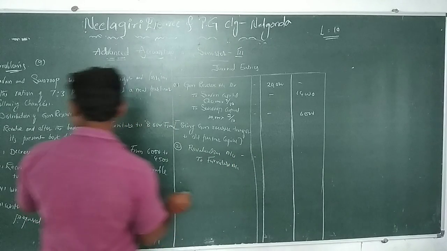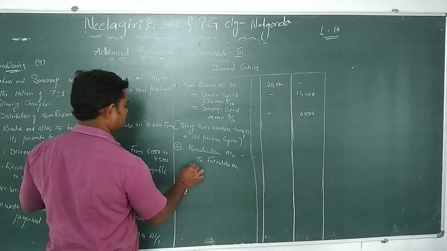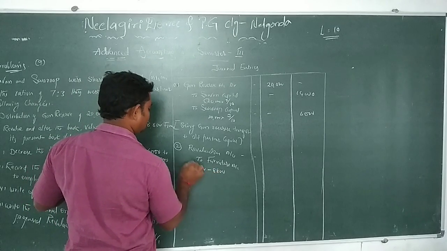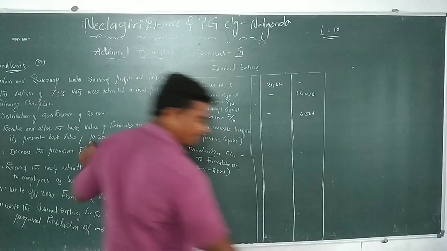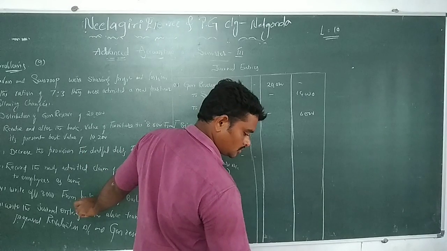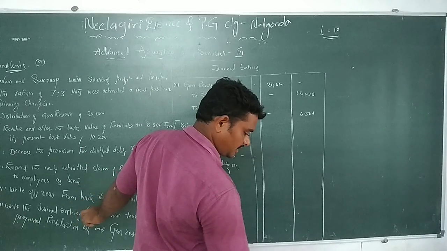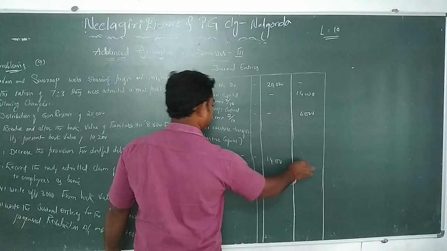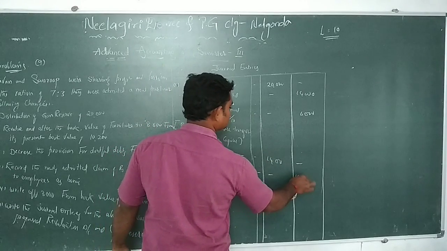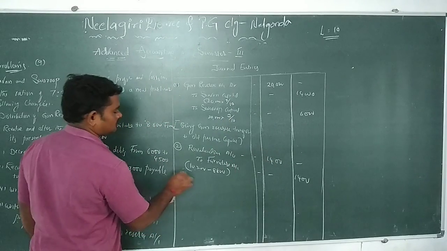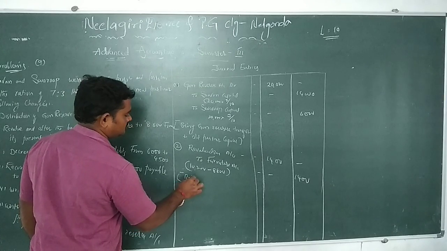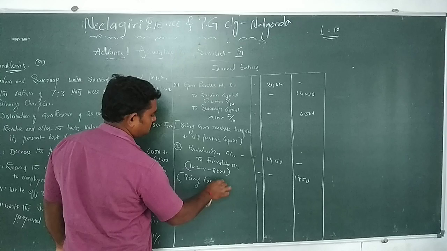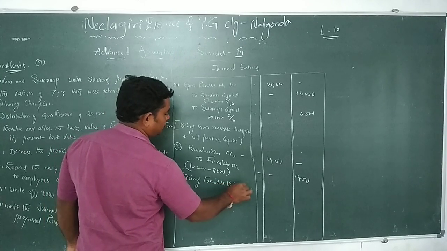The amount is 10,200 minus 8,800, which is equal to 1,400. Being furniture value decreased.